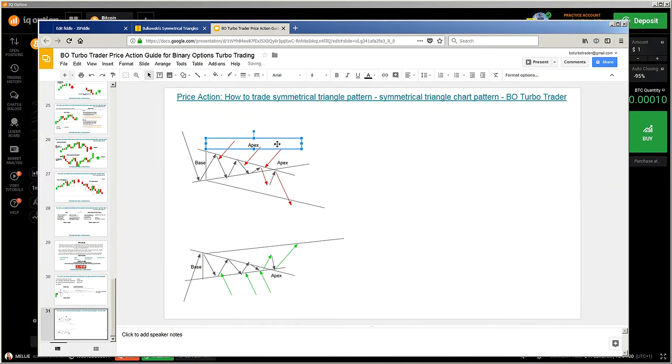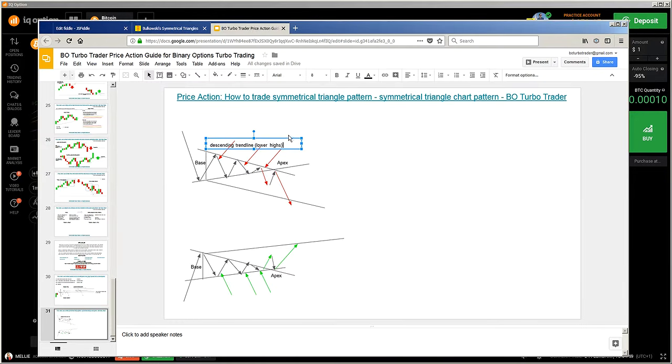And the important part of the descending trend line is that it is formed by lower highs. Yes, that is important. Lower highs. That means the next high, this was the first high, the next high is lower than the first one, and this one is lower than this one.